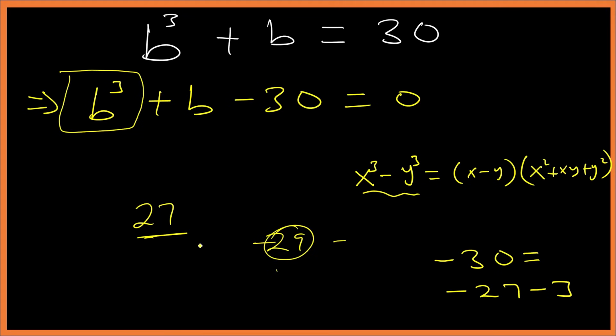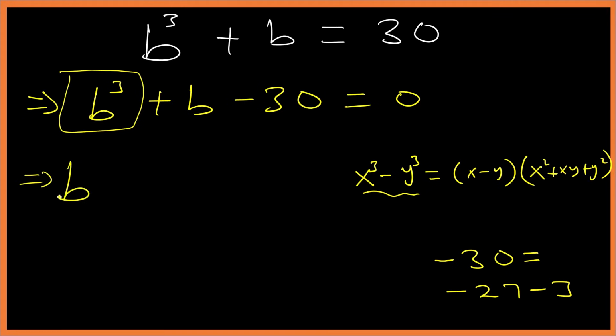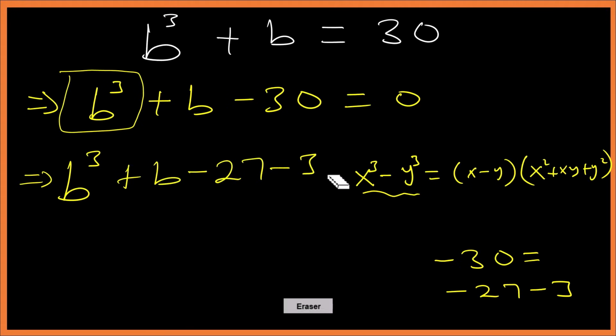Now let's go ahead as we arrange this one. So we have b cube, plus b minus 27 minus 3 equal to 0.